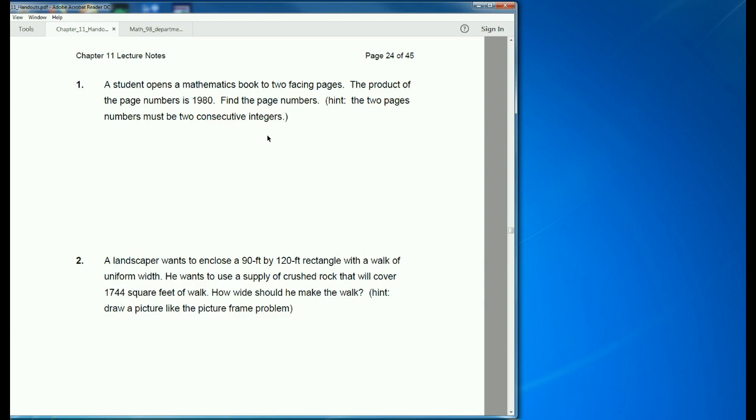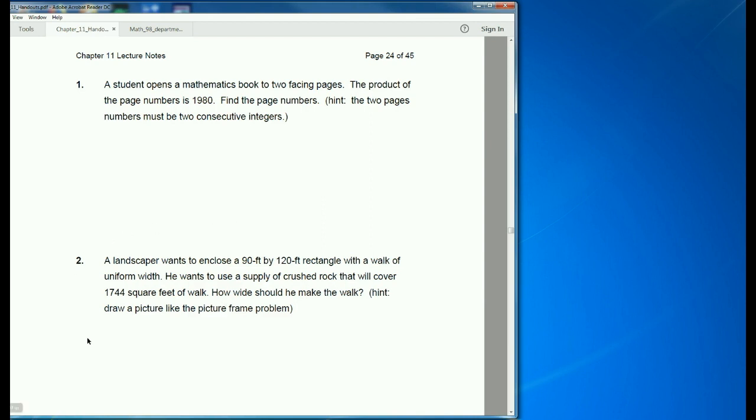If you don't remember how to set up the algebraic expressions for that, then look in the book. I'm sure they have an example of that. So you're looking for two consecutive pages, which have to be two consecutive integers.